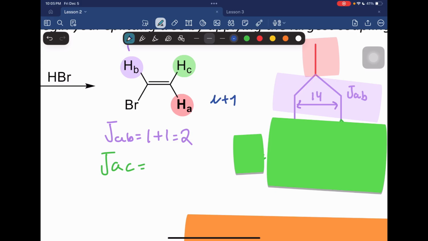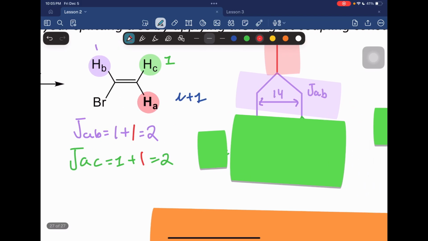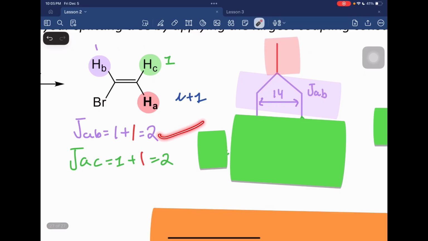Our neighboring C is 1, so we do 1 plus 1 and we get 2. So this one right here, we have split it. This is JAB, A being split by B. And A is just 1 right here.